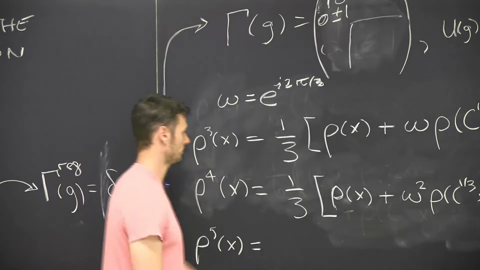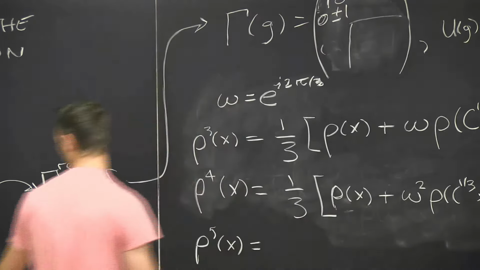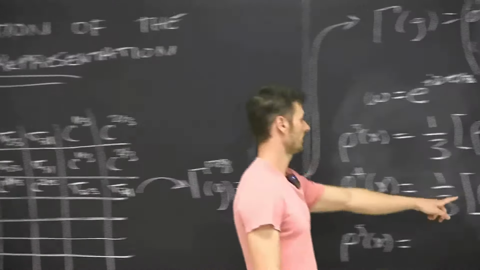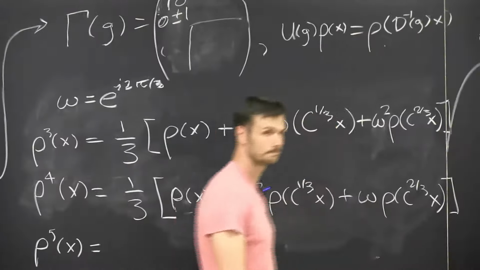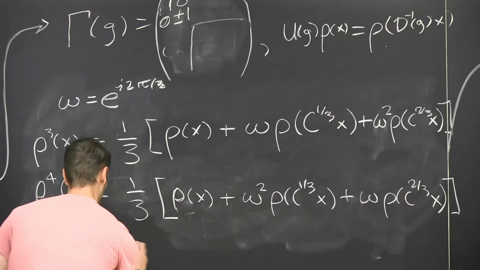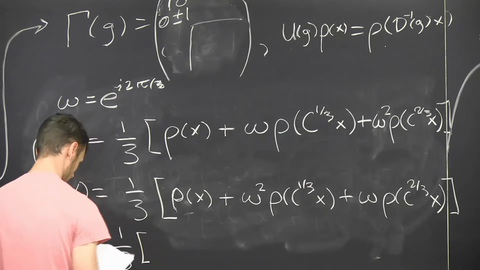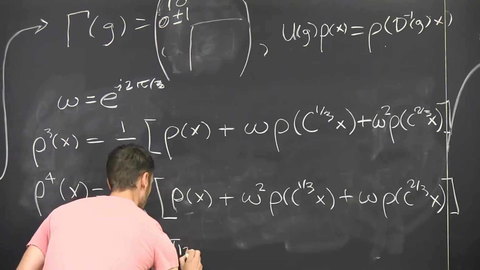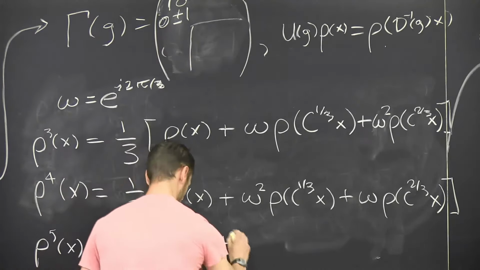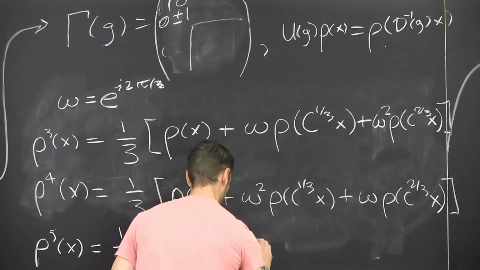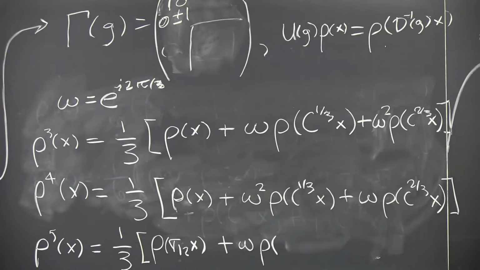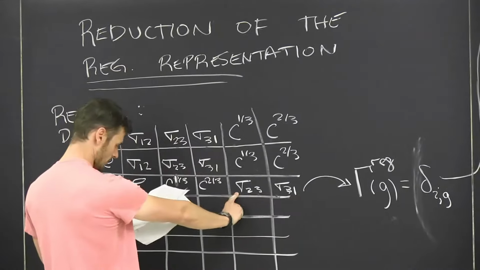On this one, I can just pick an arbitrary permutation and put it into these arguments. So for that one, for instance, I could write down rho sigma 1, 2 of x plus omega. So sigma 1, 2 on C 1/3. Sigma 1, 2, C 1/3 gives me sigma 2, 3.